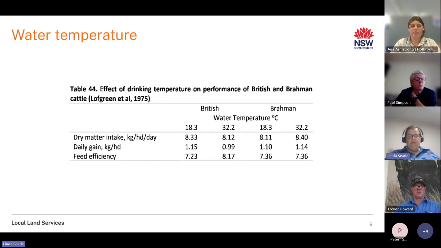With your British breeds, your Herefords or your Angus, from somewhere that came from a cold environment, they will drink more water when the water is cooler, particularly below body temperature. As soon as you start to get higher temperatures of the water, those British breeds will drink less, and that will obviously affect how much they eat and how much they gain.